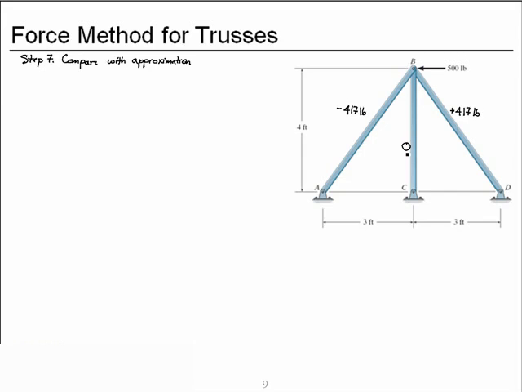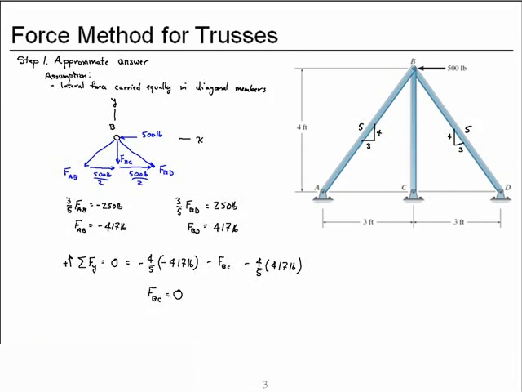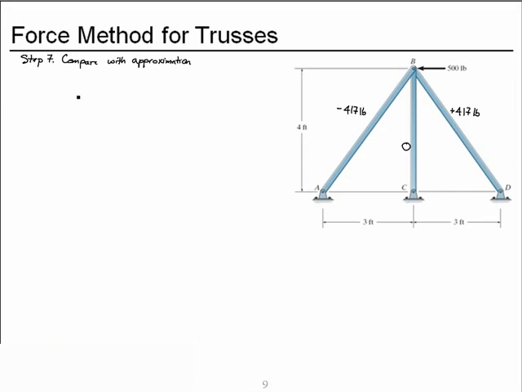If we go back and look at the results from our approximate analysis, we get a negative 417 pounds, a positive 417 pounds, and a 0. So our answers match exactly. Let's think about that for a moment.